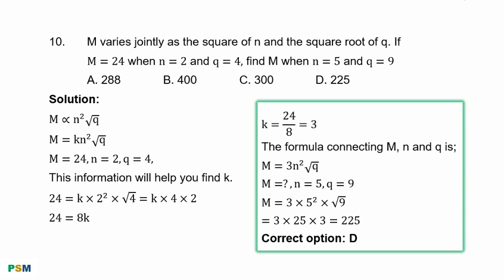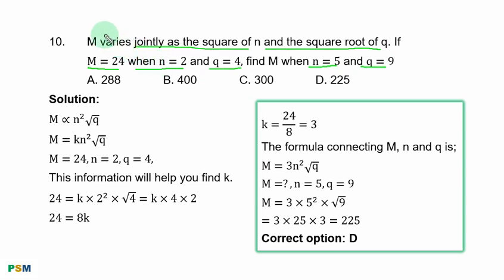Question 10. M varies jointly as the square of n and the square root of q. If m is equal to 24, when n is equal to 2 and q is equal to 4, find m when n is equal to 5 and q is equal to 9. Solution.